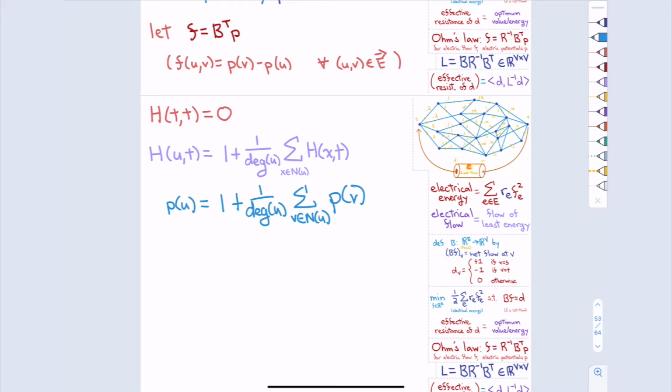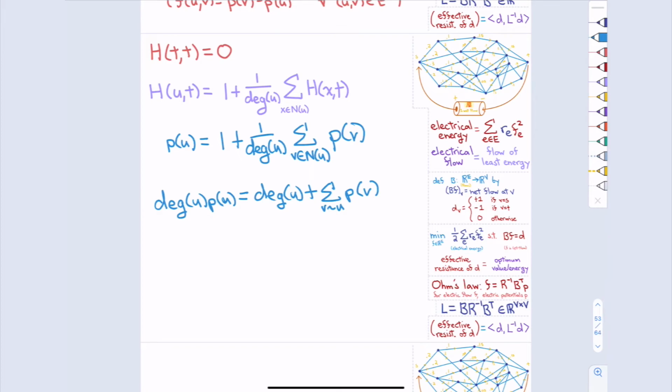And if I multiply both things by the degree, we get degree U PU is equal to degree U plus the sum over all the neighbors. I'll just write tilde as a shorthand for neighbors of U, okay, of those potentials. Okay. And now what I'm going to do is I'm going to take that sum and throw it over to the other side.